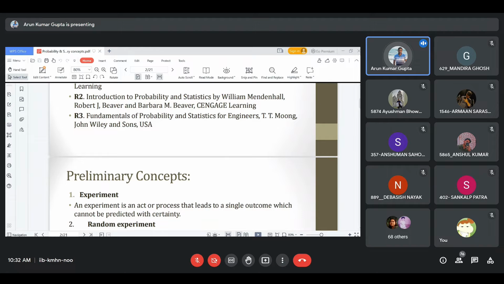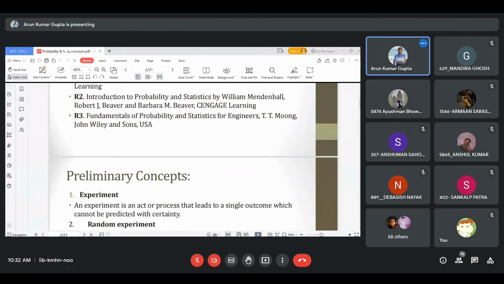Then what is a random experiment? Anyone? The ones whose outcomes we already know, like what are the possible outcomes of this experiment? For example, roll a die, because we know that the outcome will be 1 to 6 only.